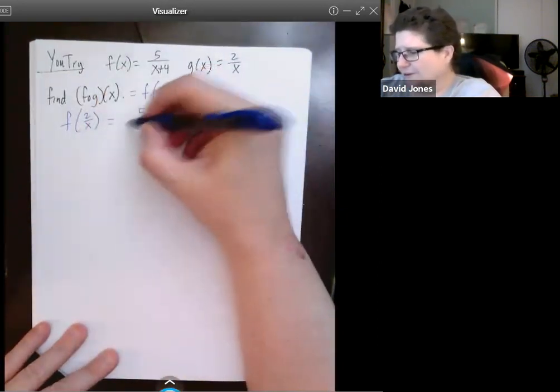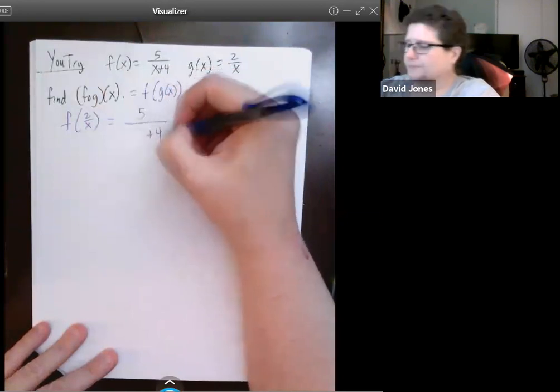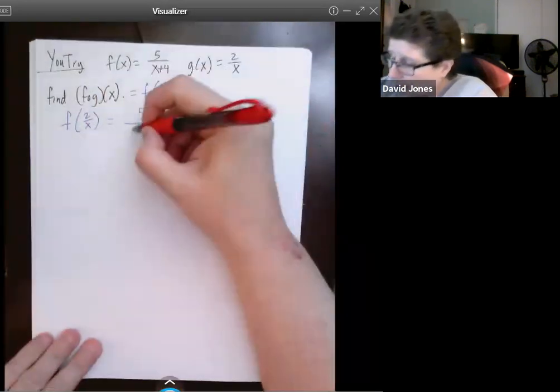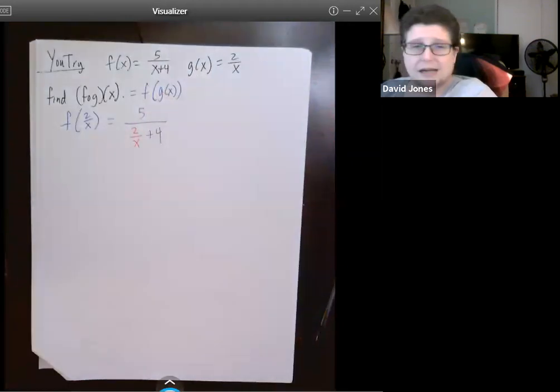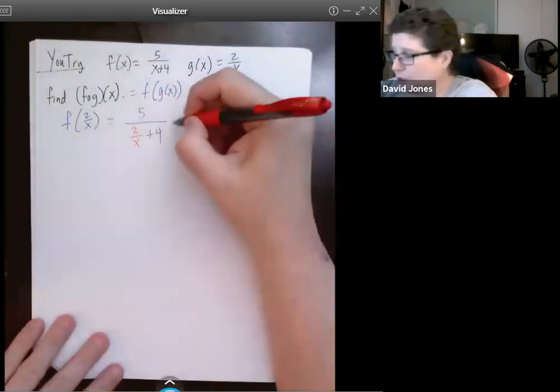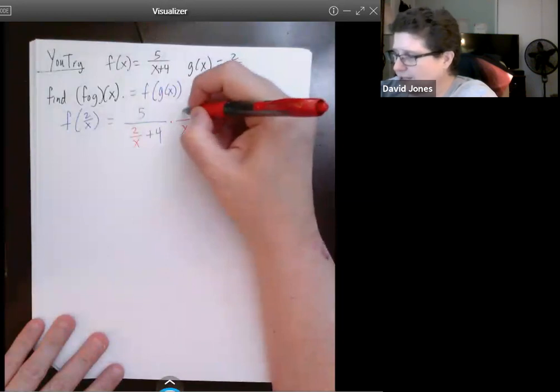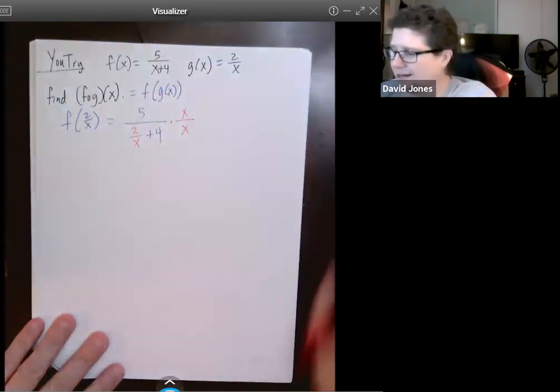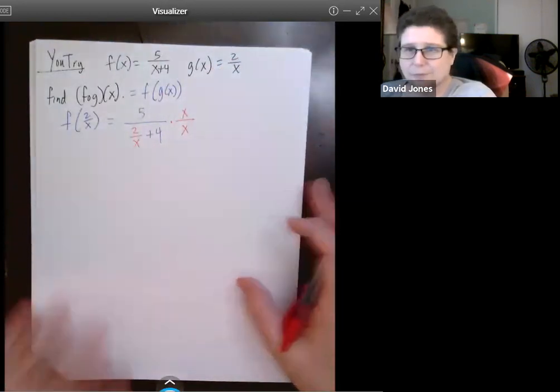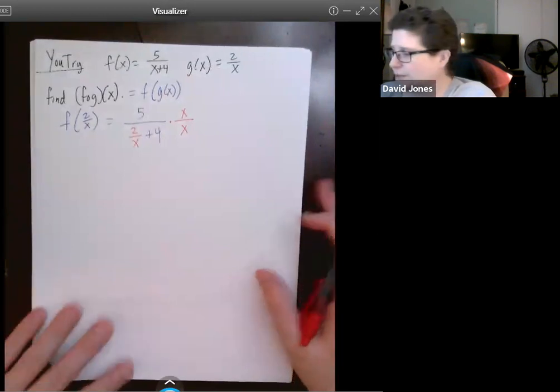I've got 5 over x plus 4, and I put 2 over x in there. I've got fractions inside of fractions. This might be easier if I multiply the top and bottom by the denominator of the inner fraction. We covered doing this in the review section, chapter R.